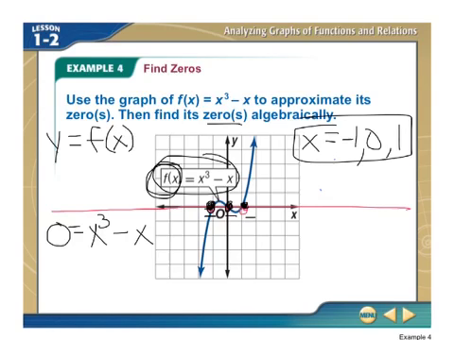And I need to solve for x. Well, this isn't really very easy in this example, just because I have two terms here with x, one with a power of 3 and one with a power of 1. So what I need to do is factor this polynomial. Both terms have a common factor of x, so I'll factor out an x.